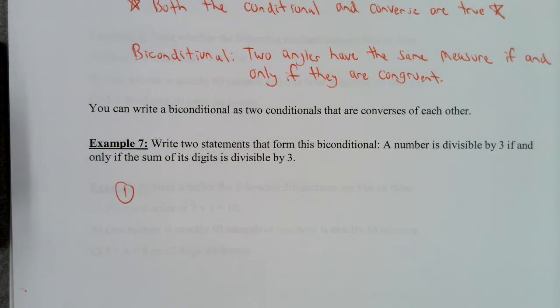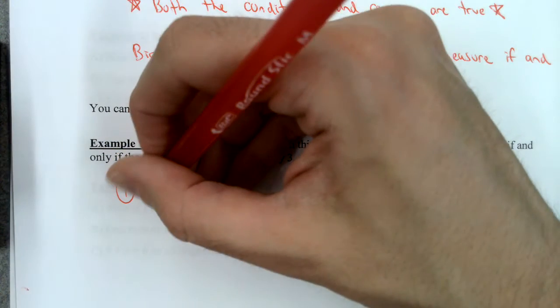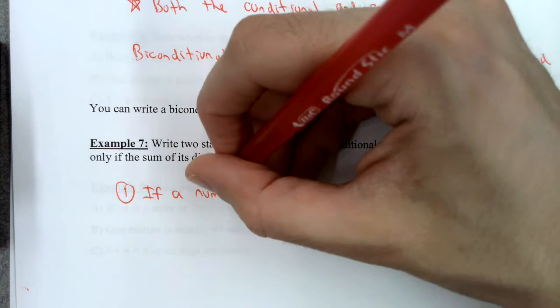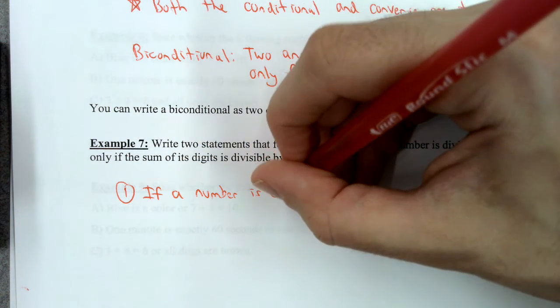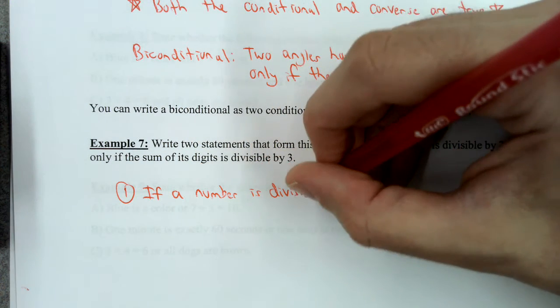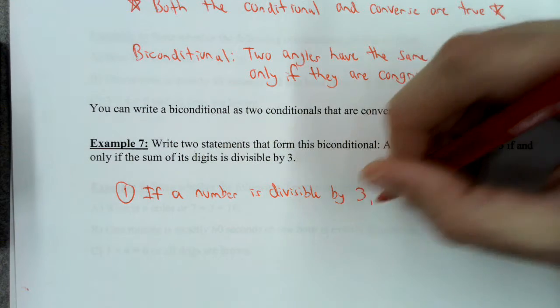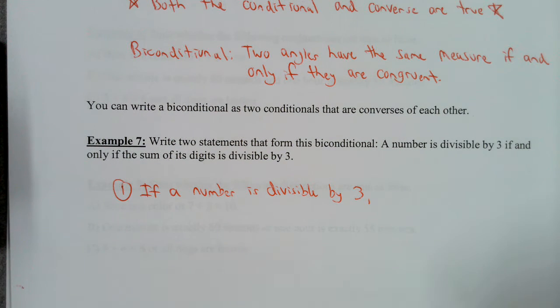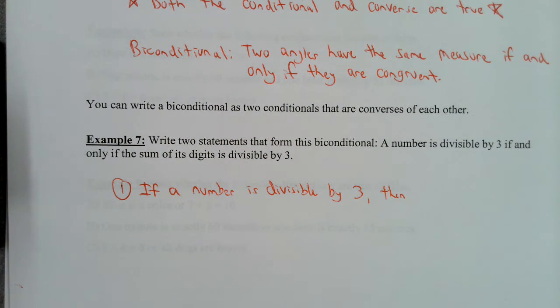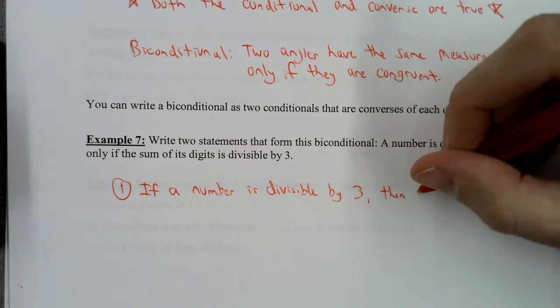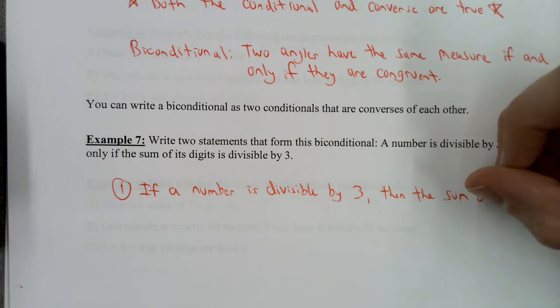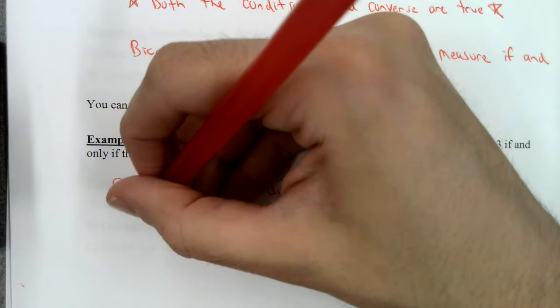So here's my first one. If a number is divisible by 3, then the sum of its digits is divisible by 3.